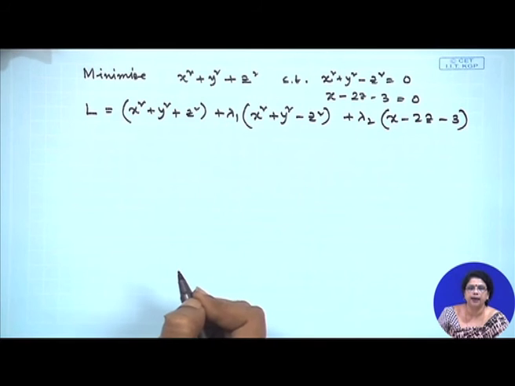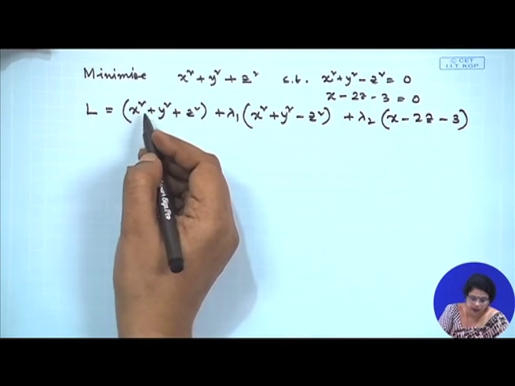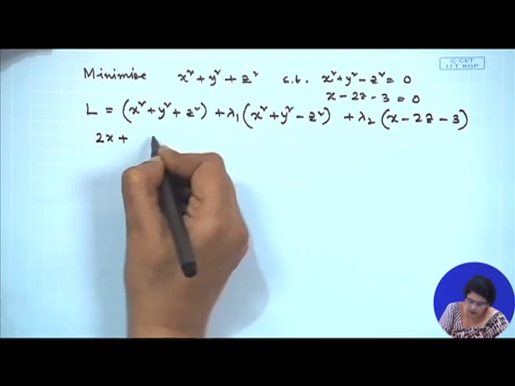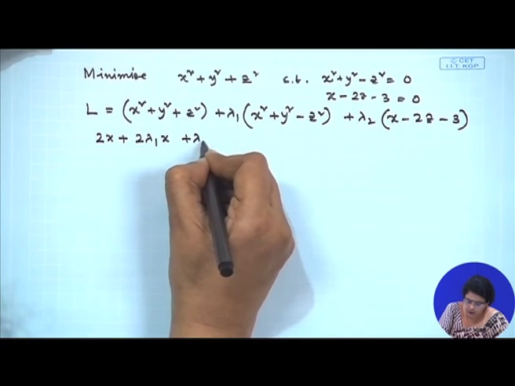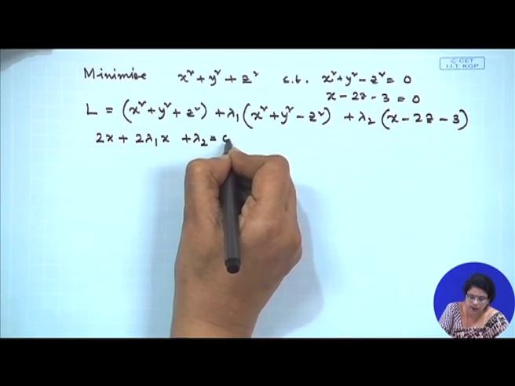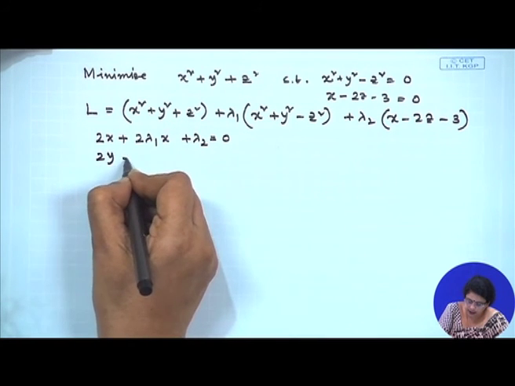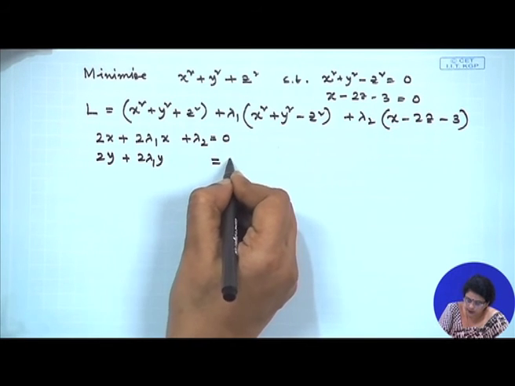All right. Again, here also we will have the first order necessary condition. That is why the first condition will be 2x plus 2 lambda 1 x plus lambda 2 equal to 0. The second one would be 2y plus 2 lambda 1 y equal to 0.